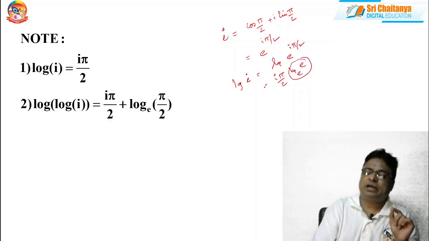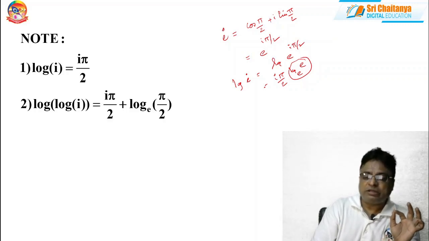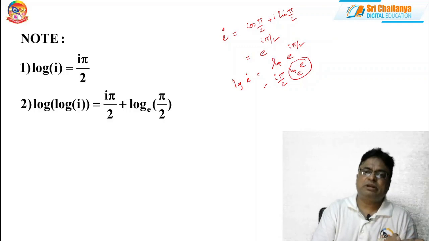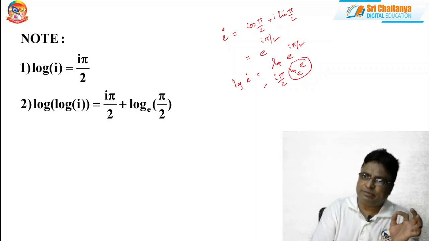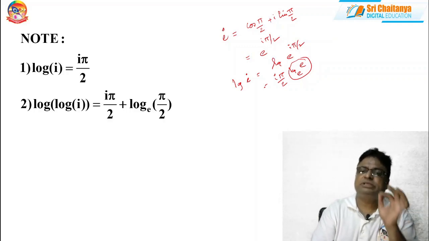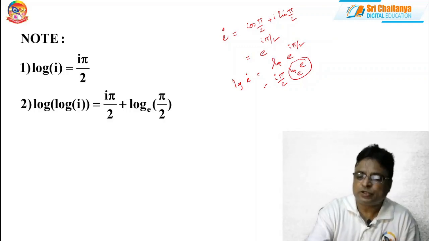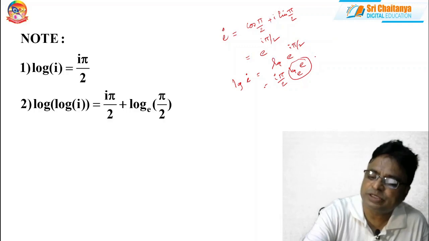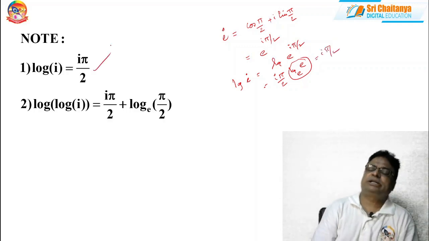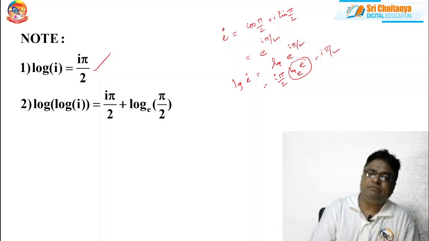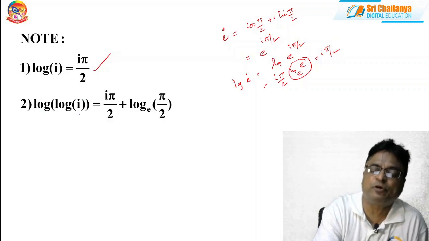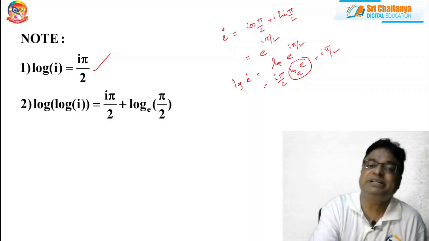Whenever we talk about a logarithm of a complex number, it should be the natural logarithm only, where the base of the logarithm is e. So log e is 1, and it becomes i pi by 2. This question was directly asked in one of the screening tests for JEE, and the same question was asked in the MCET examination also.